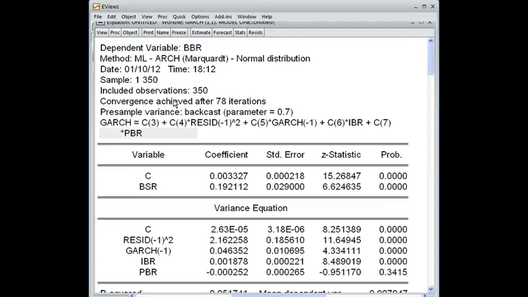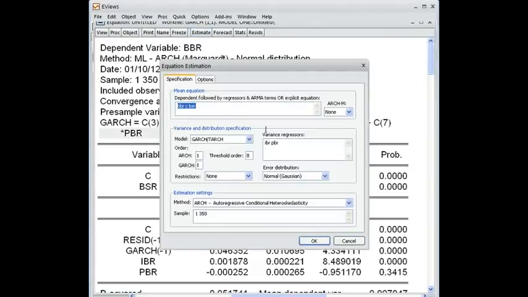Then we do the student T distribution, and we check what happens there. So I go to estimate, then everything remains unchanged except I change here. I take it as student T fixed DF. I choose this one. Then other things remain unchanged. Then OK.